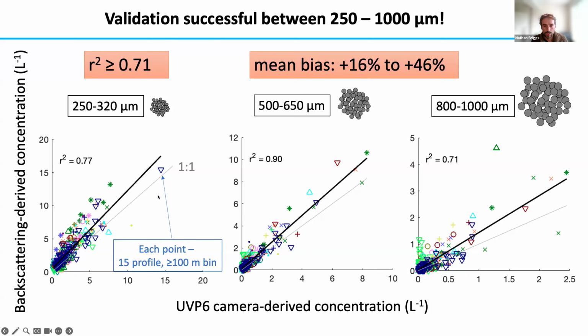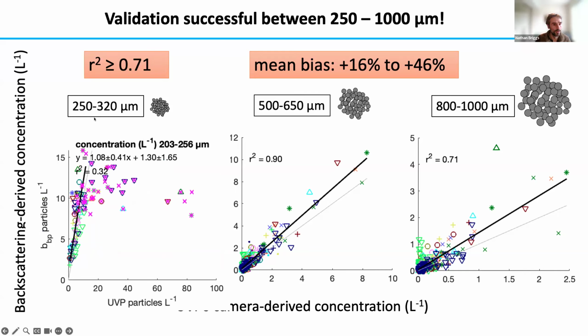And within this range, we're getting fairly good agreement between the backscattering derived concentrations and the UVP6 derived concentrations. A slight overestimate using the backscattering technique. Mean bias between 16 and 46% and R squared in this range always over 70%.